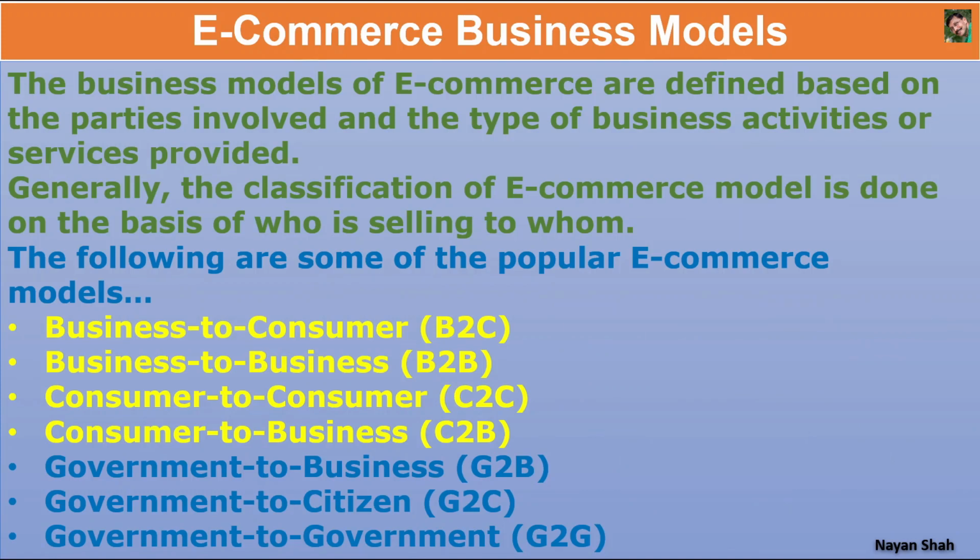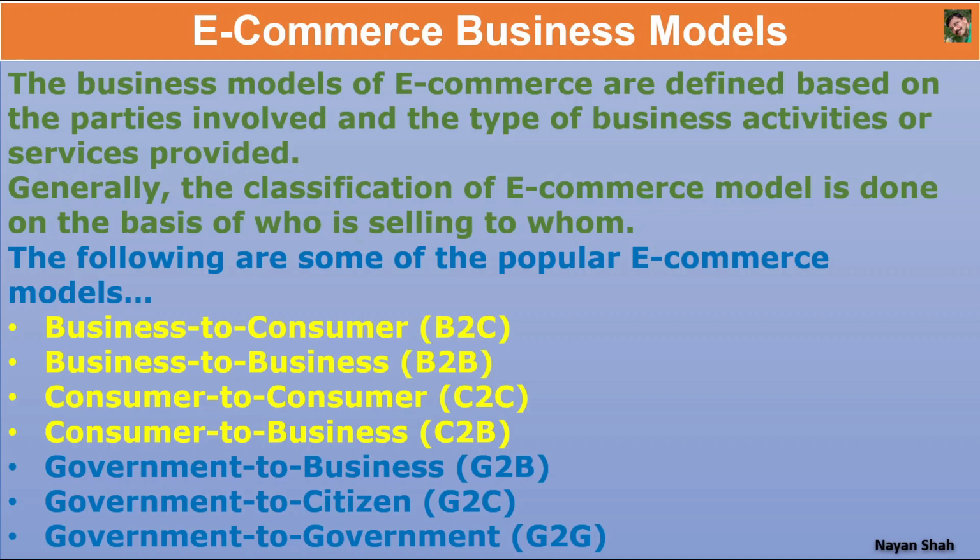Now we'll see the last topic of chapter 4, and that is e-commerce business models. Now what are e-commerce business models? The business models of e-commerce are defined based on the parties involved and the type of business activities those parties are carrying out, or the different services they are providing.